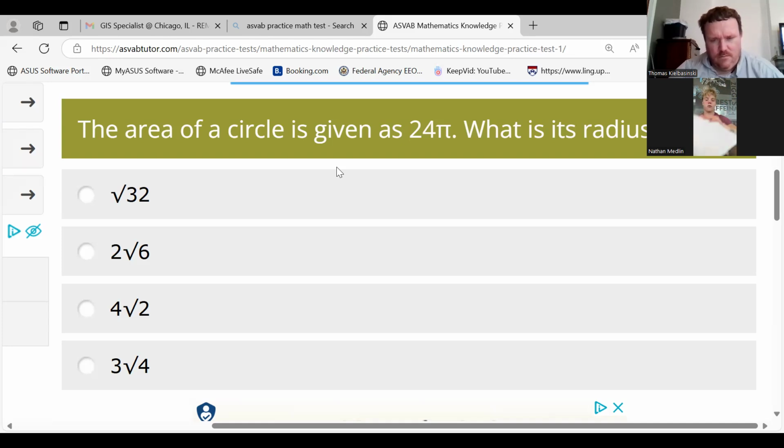I need to learn the formula for area, apparently. Okay, area 3.14? That's the pi. Pi 3.14. So what's the area of a circle? One minute, no worries.